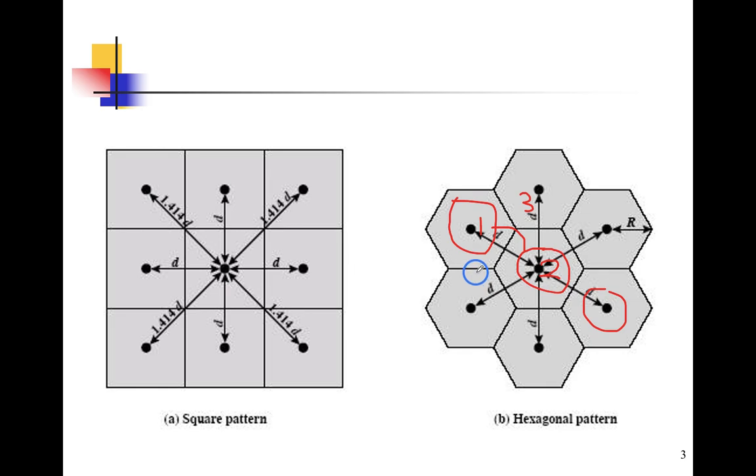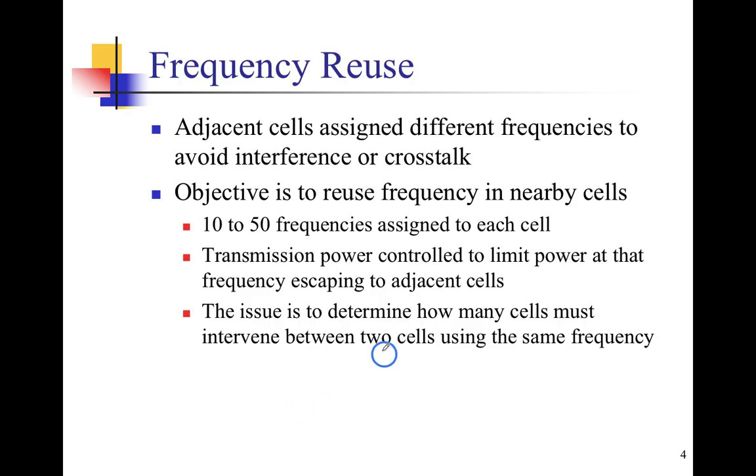But if you put one over here, then this is what is called interference, because these are two of the same frequency but they are adjacent. So this means adjacent cells are assigned different frequencies to avoid interference or crosstalk.